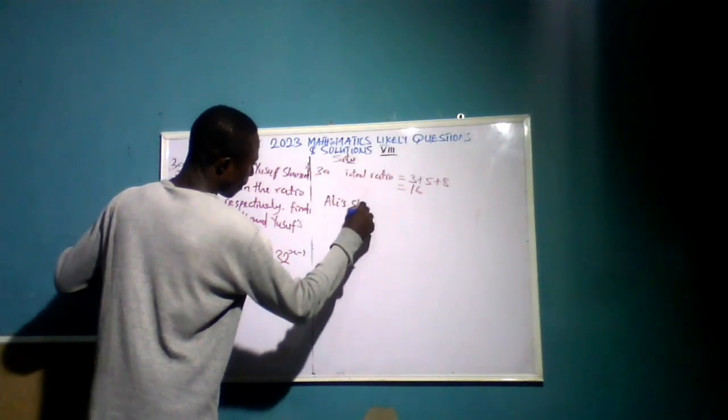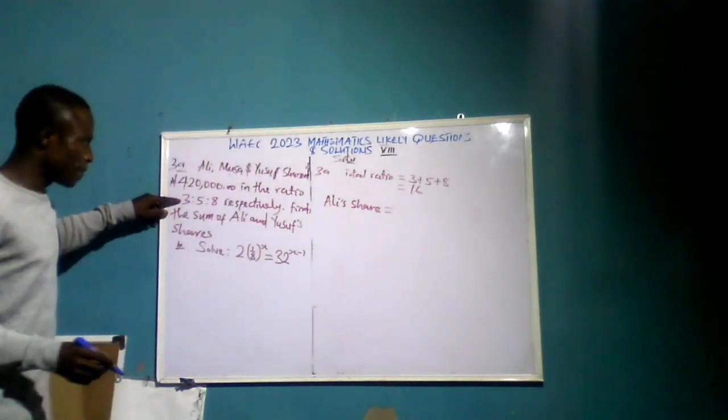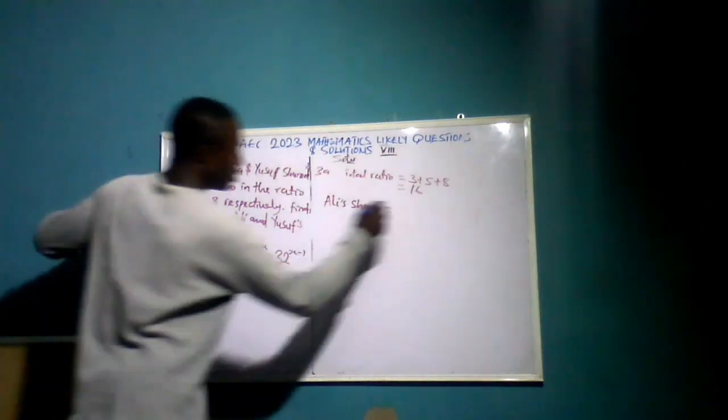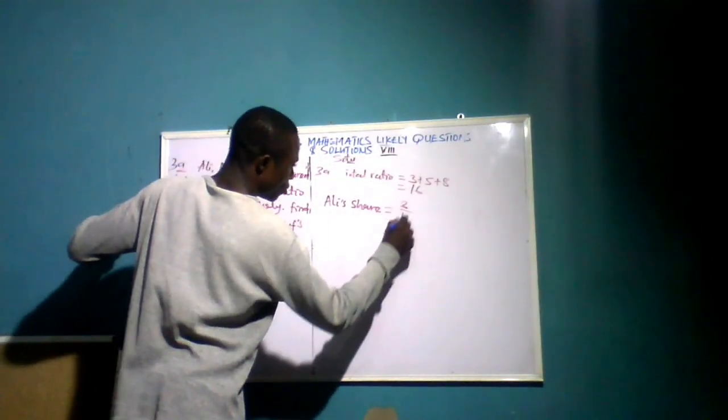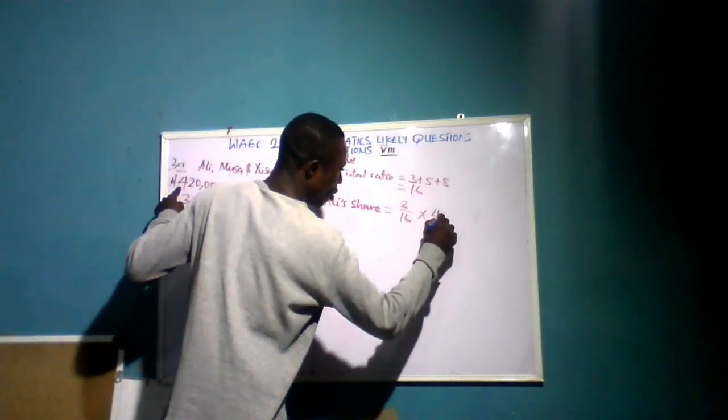Now, Ali's share will be equal to the ratio that Ali took. That will be 3 all over the total ratio, which is 16, multiplied by the whole amount, which is 420,000.